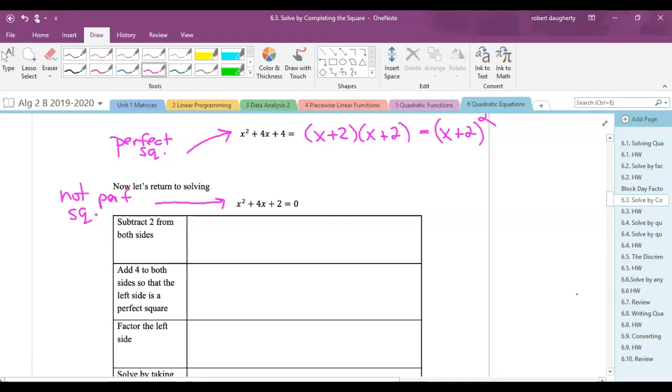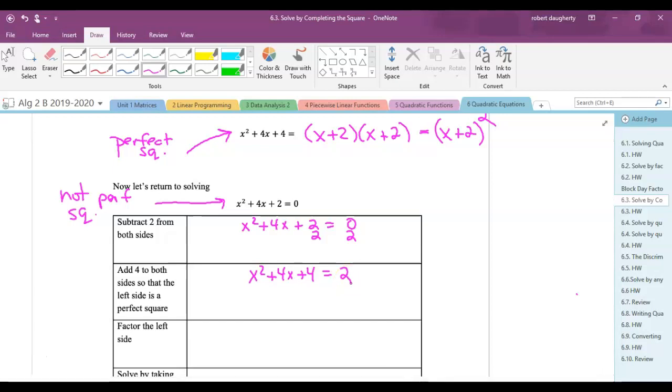So I could say, what if I took x squared plus 4x plus 2 equals 0, and what if I added 2 to both sides of that equation? What would I get on the left? I would get x squared plus 4x plus 4 is equal to 2. You could do that.